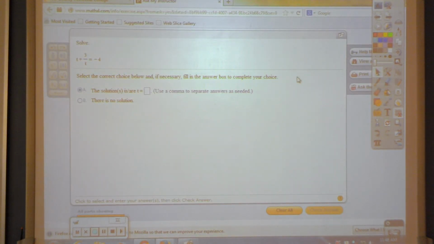Try that one. t plus 3 over t is equal to -4. At least going backwards, they get a little bit easier, don't they? That's true though, like I've noticed the farther along we get, everything will start clicking slowly but surely, just at the wrong time.